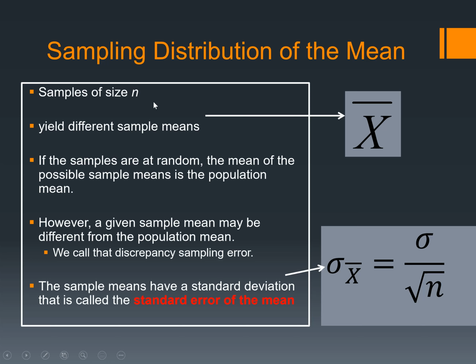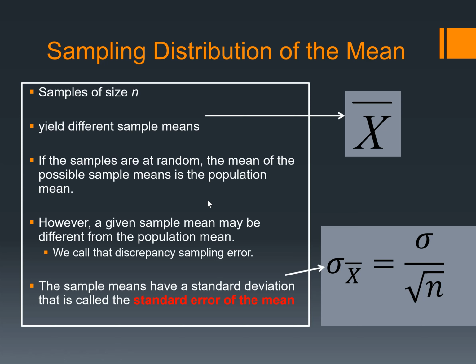Now, those means aren't always going to be the same, so there will be different sample means. However, if the samples are at random, the mean of all those possible sample means, it's getting a little complicated, but we're taking a lot of sample means from a population, and we're calculating the mean of those sample means. That will actually equal the population mean.